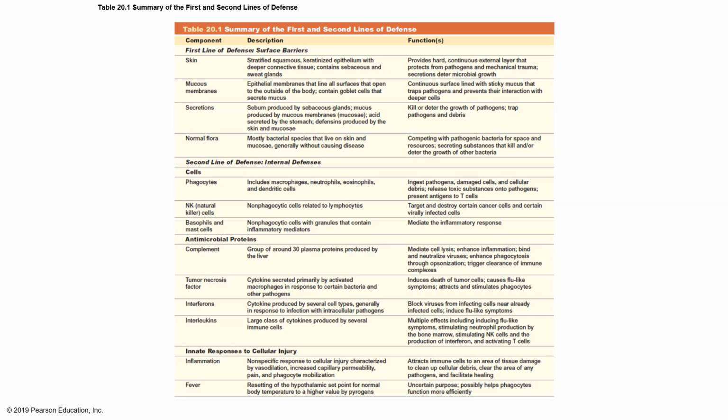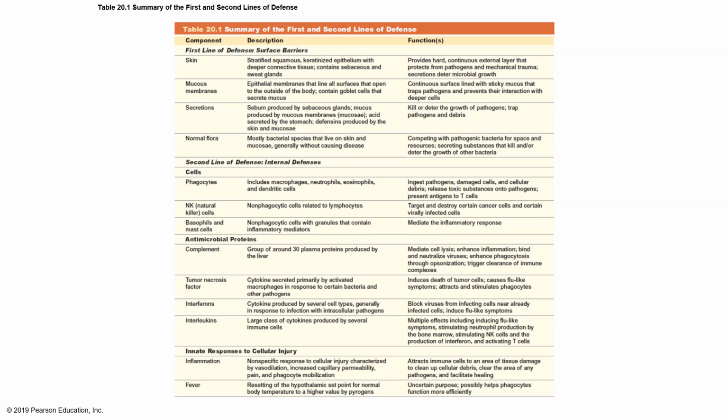Before we go on any further, I would also like to state that the first and second line of defense are basically what we refer to as non-specific lines of defense. They respond to different pathogens or forms of cellular injury in exactly the same way.